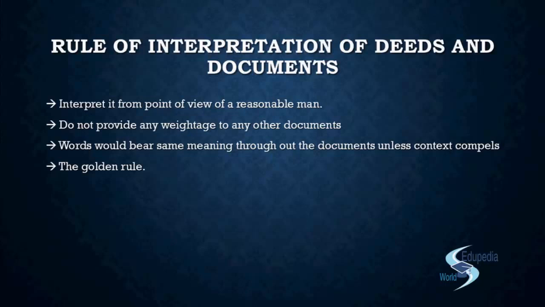Similarly, when we are talking about the golden rule, it says that first of all, go through the entire deed in plain text. Try and interpret it. With a plain reading, with the dictionary meaning, the literal interpretation, you have some interpretation out of it. That will be a general thing.